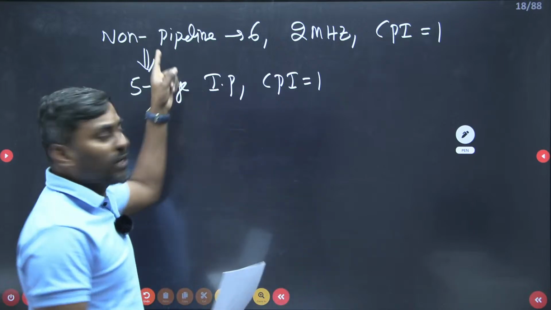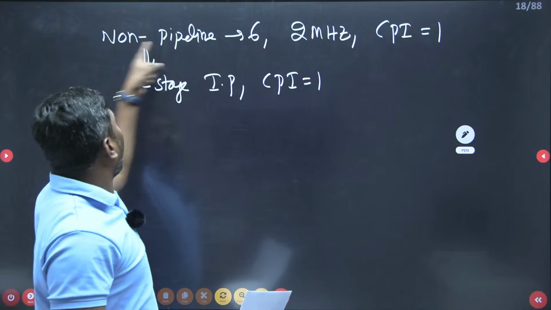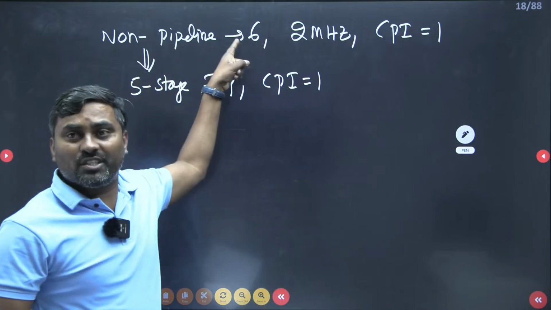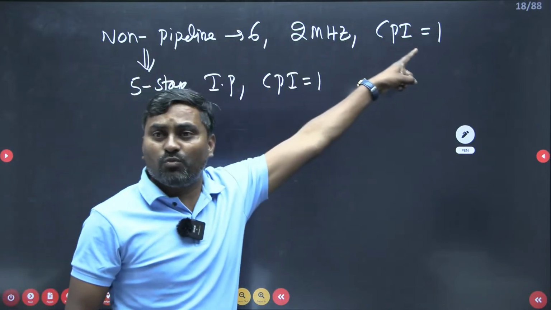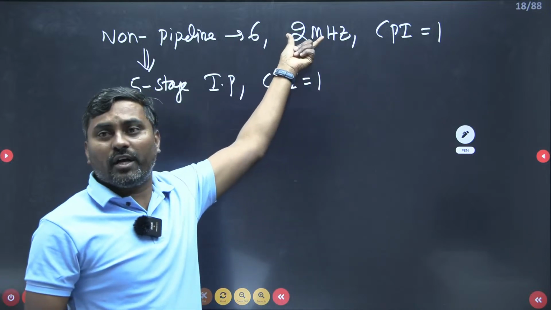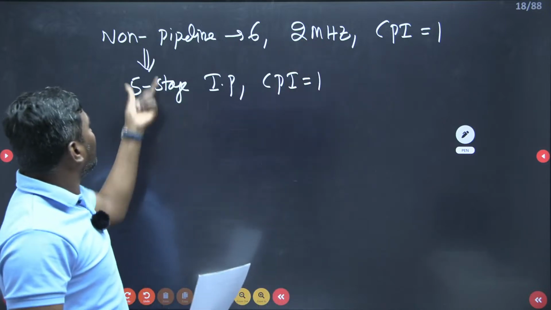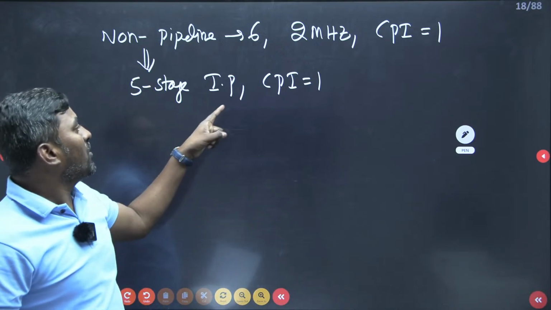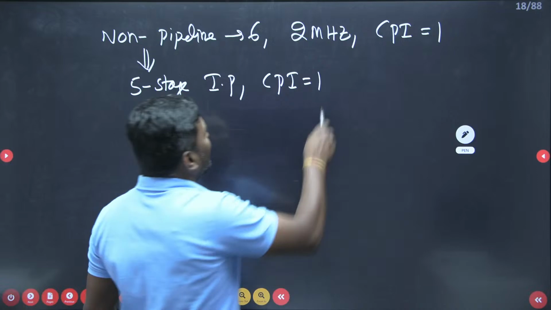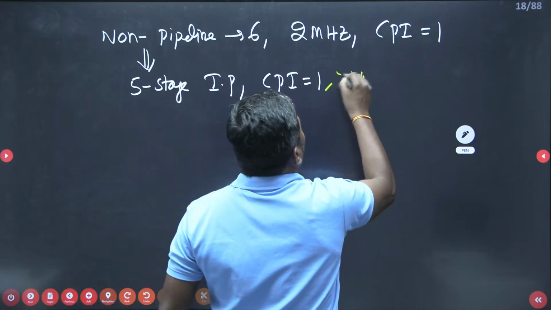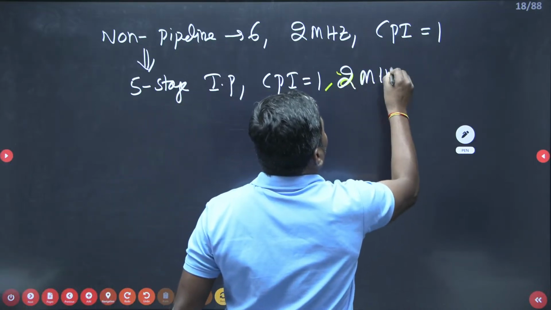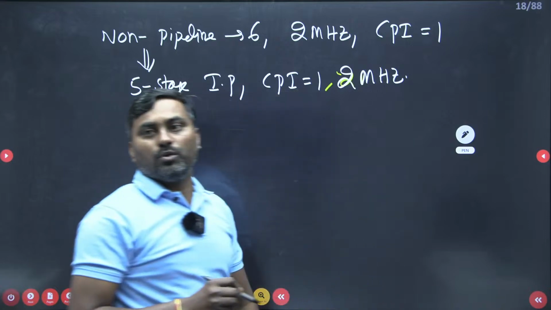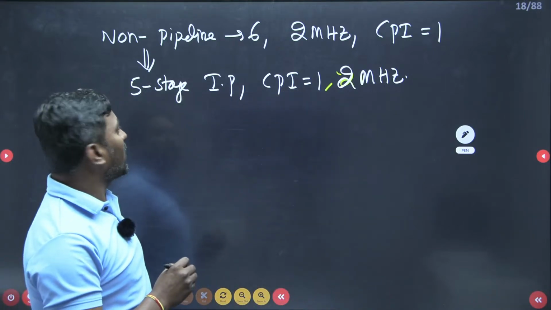Now look, are you getting my question? The non-pipelined design has 6 stages, average clock per instruction is 1, and clock rate is 2 megahertz. This is redesigned into a 5-stage instruction pipeline, clock per instruction is 1, and again the same 2 megahertz clock rate is used.